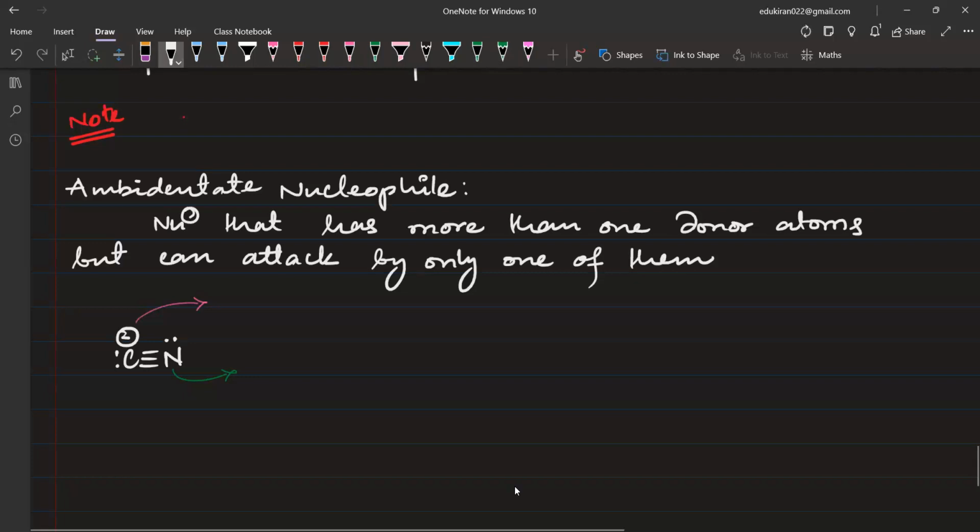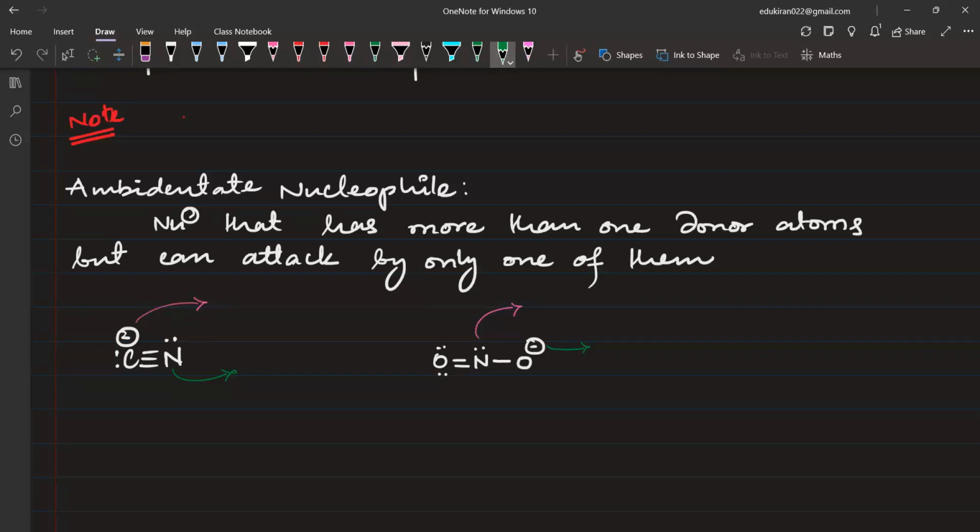The other one is ONO, that is NO2 negative. Now this oxygen is having two, the nitrogen is having a lone pair. You can see that the attack can be done by either nitrogen, and oxygen can also do the attack, because एक के पास negative charge, that's why the chances of attacking by the negative charged oxygen atom is more.